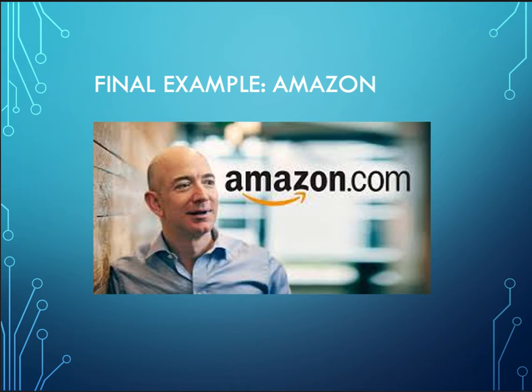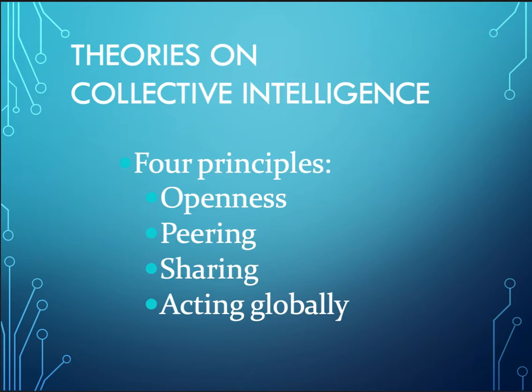According to him, the internet grows 3,000 times, and you can literally find pretty much any product on the internet, with reviews, opinions, suggestions of products, recommendations, things like that. Next, we have the principles of collective intelligence: openness, peering, sharing, acting globally.